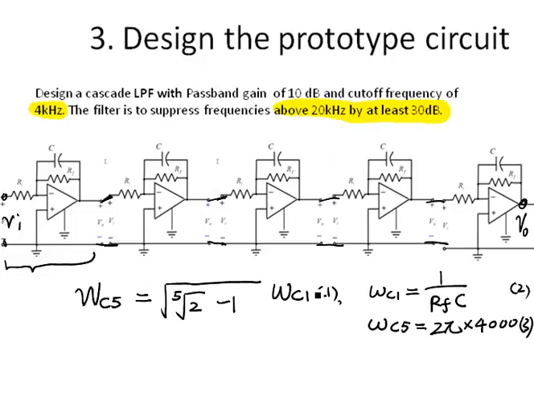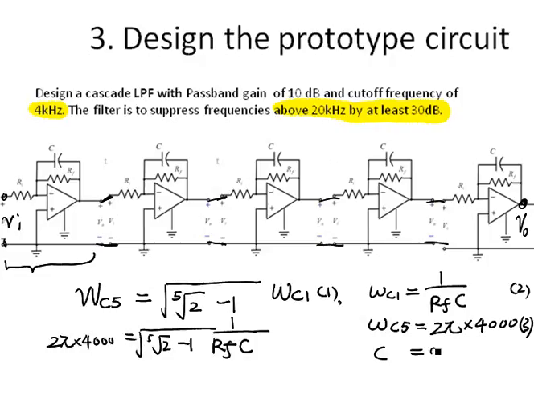Here we can substitute equation 2 and 3 into equation 1. So ωC1 should be 2 pi times 4 kilohertz radians per second. ωC1 is 1 over RFC. In this problem, let's assume that we want to use 0.01 microfarad capacitor. So let's use 0.01 microfarad.